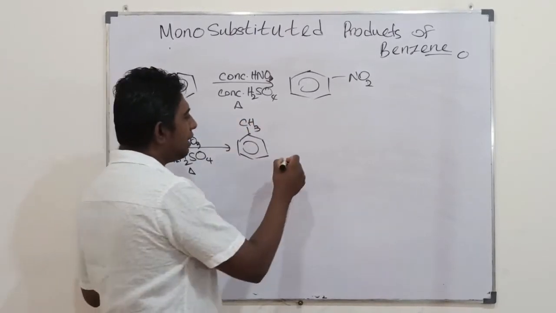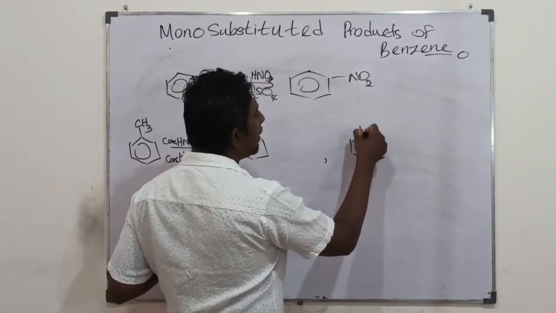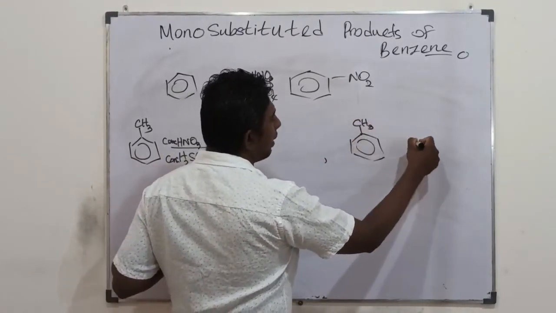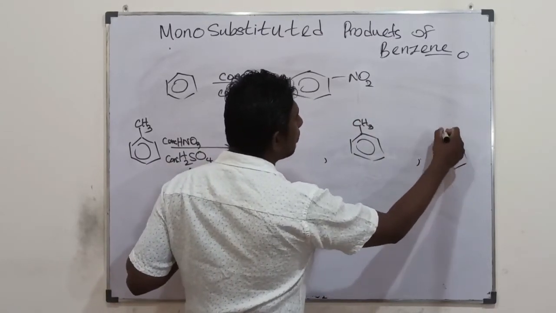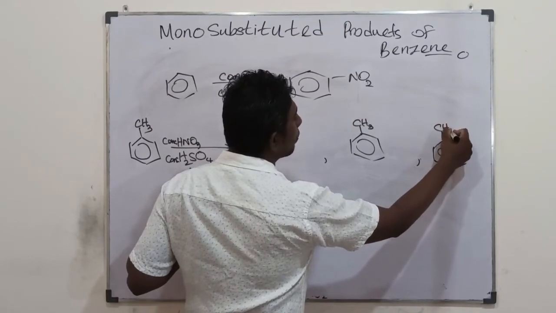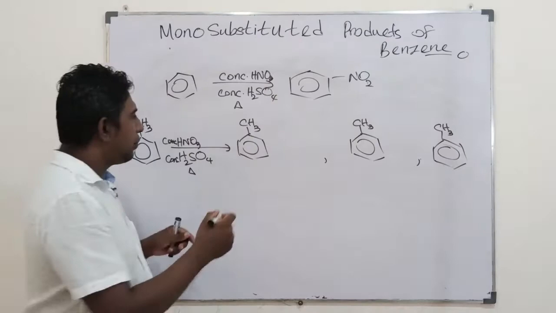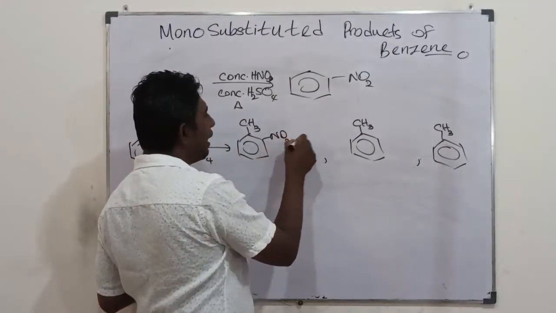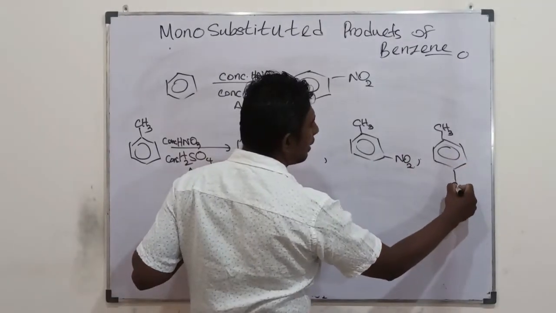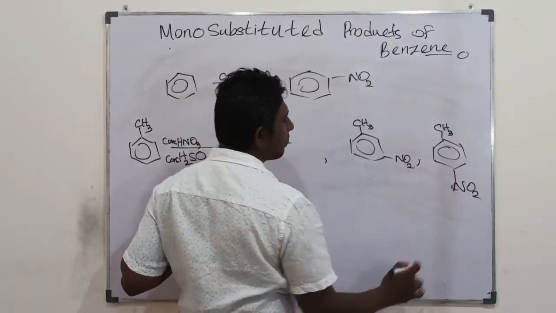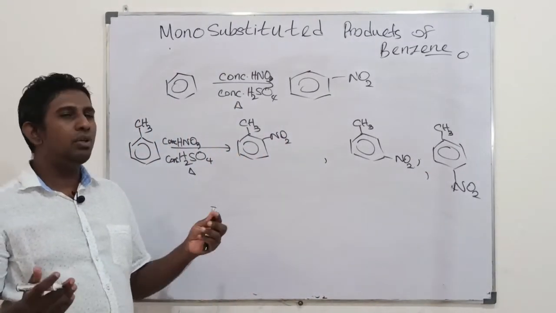Our concern now is where this nitro group gets attached. Now we are thinking, is it more likely the ortho position, or meta position, or para position? So if it is ortho, you get this. If it is meta, you get this. If it is para, you get this. Then we are still not sure.